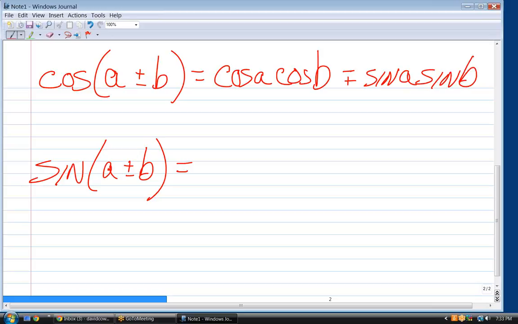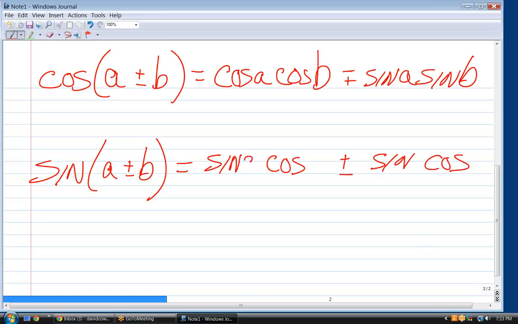Both of them end up with two cosines and two sines in them. But in the sine, this sign is the same, not opposite. Okay, in other words, whatever I end up with over here, it's plus or minus, not minus or plus, like the cosine. And I also know that I've got a sine and a cosine, and I got a sine and a cosine over here.